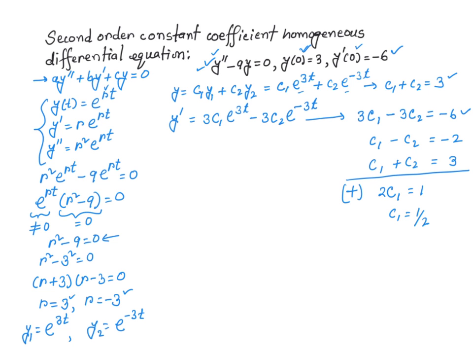So c1 is 1/2, and c1 plus c2 is 3, so c2 is going to be 5/2 or 2.5.